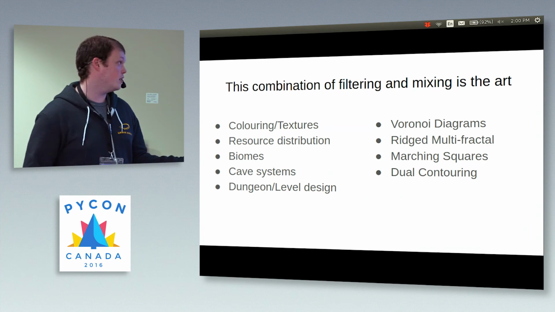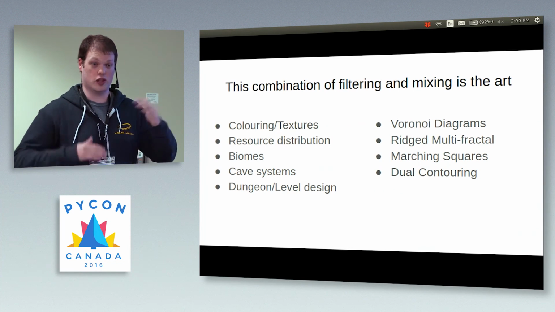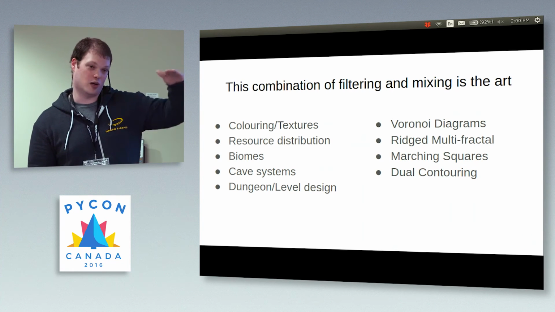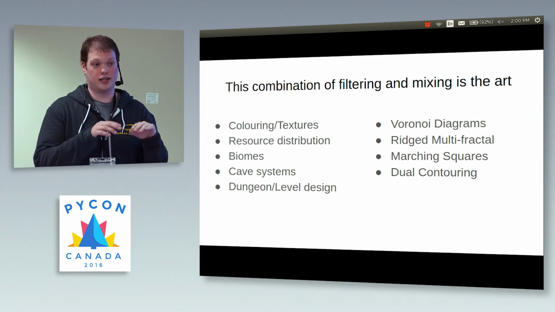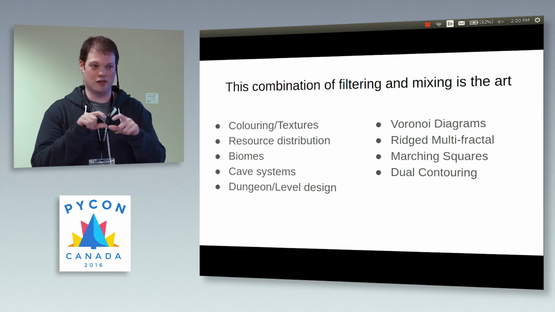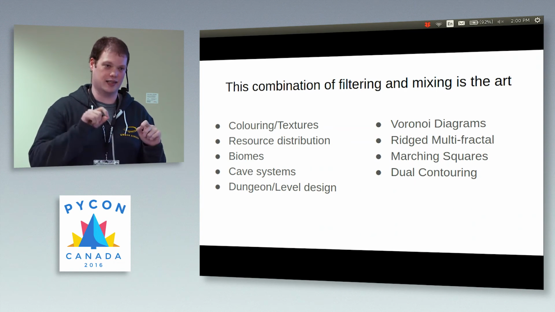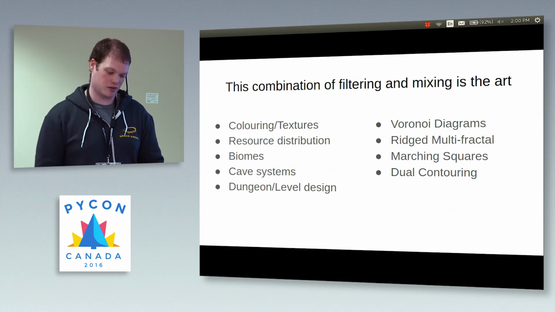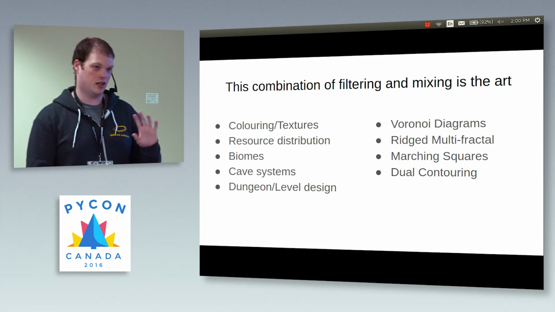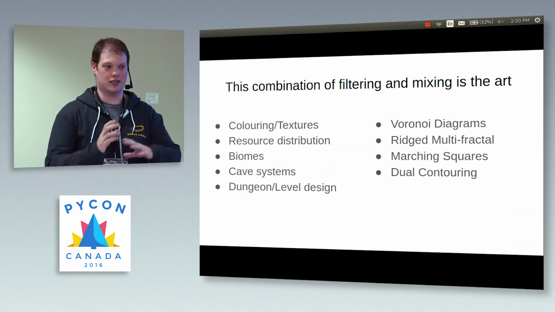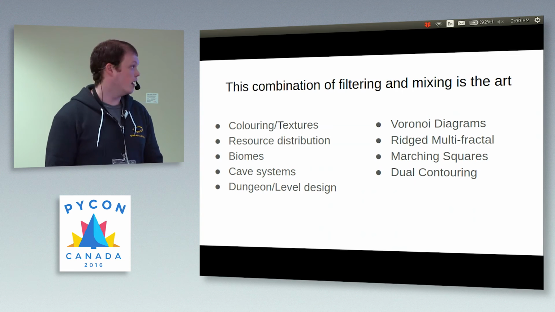A very common way to do that is to just use the height value. So anything below a certain point is blue because it's water, and then a little higher it's brown for beaches, and then green for grass, and then white for snow tops on the top of mountains. So if you look online for procedural generation, that's the typical kind of coloring you can see.